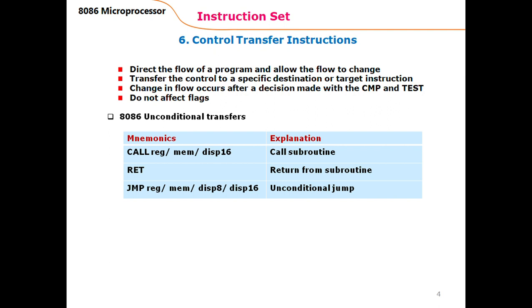And control transfer instructions in the 8086 in particular, unconditional transfers can happen in three forms. There can be a call to a subroutine. A call instruction is CALL followed by an address of the subroutine or name of the subroutine. The address is provided through a register, or through a memory location, or directly through a displacement.